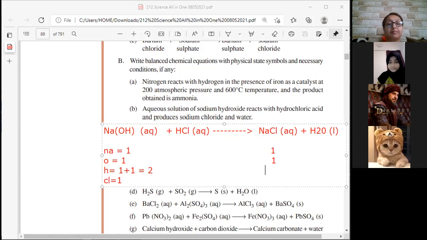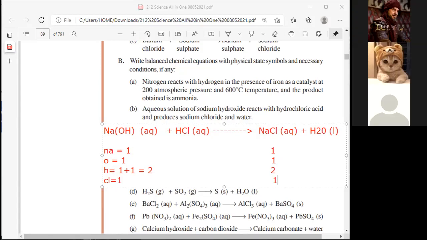Cl is 1. Is it balanced? Yes or no? Yes, teacher. Okay, balanced, so we don't need to balance it further.